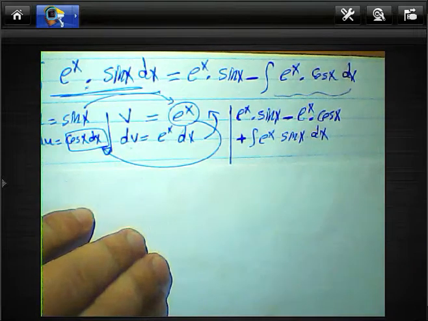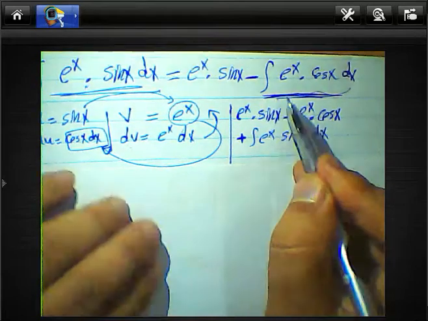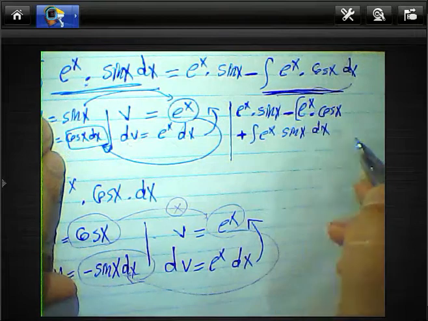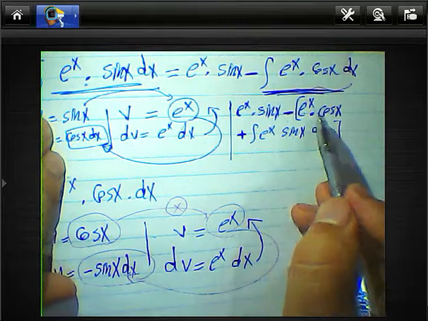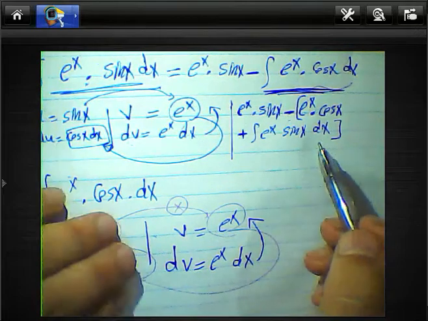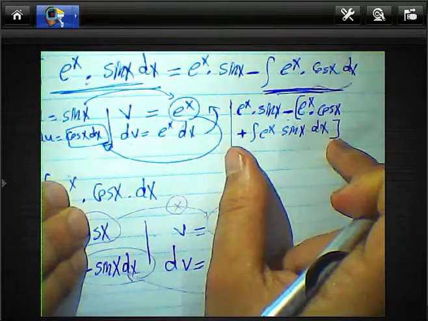We have negative here. This expression, negative integration, negative all this integration. So negative multiply positive will be negative. So the result will be, we can write this expression equal all the result here.